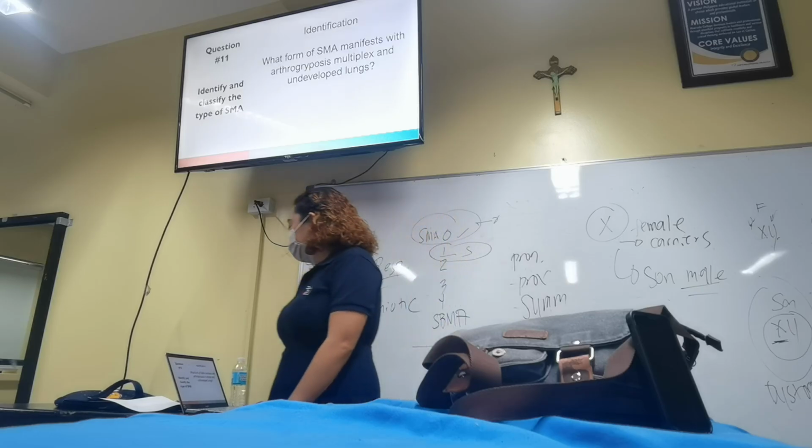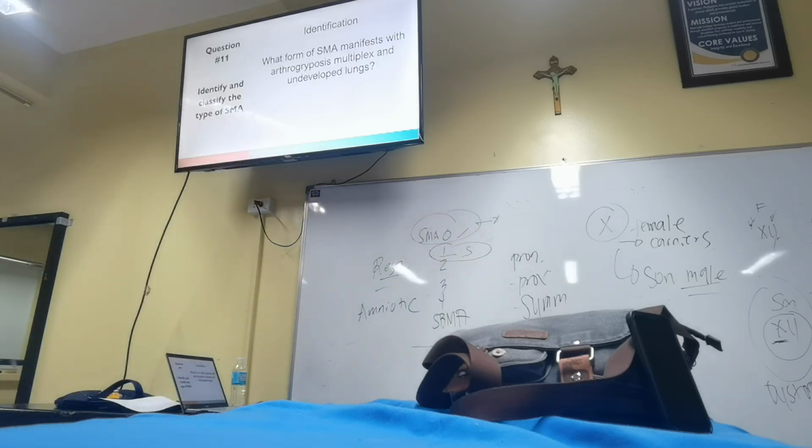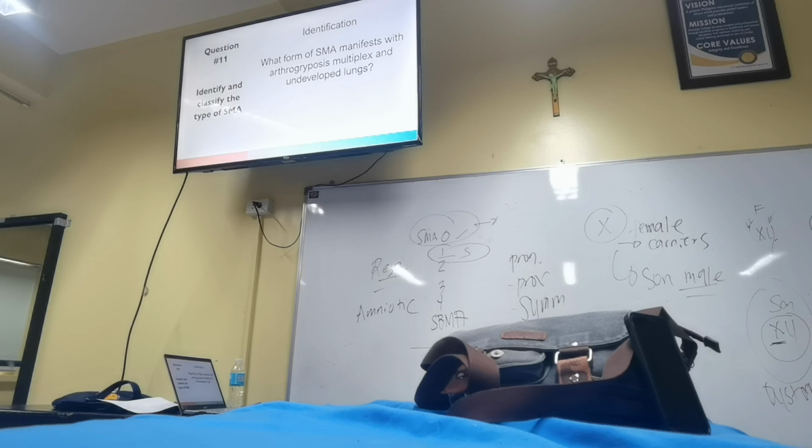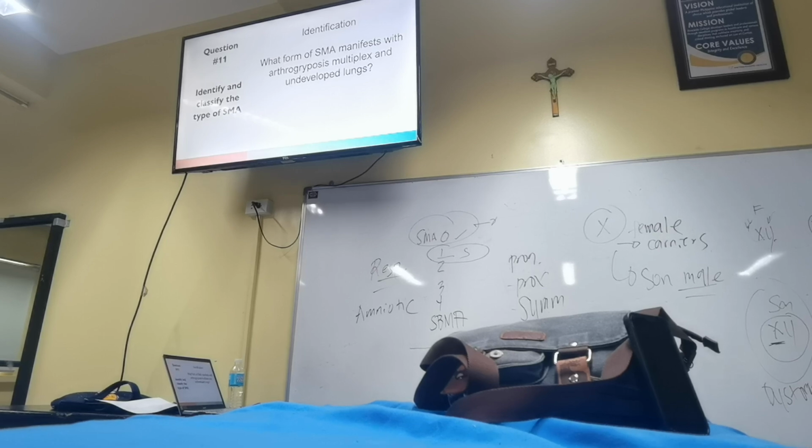Another one. So this time you have to write it. What form of SMA manifests with arthrogryposis multiplex and undeveloped lungs such as hypoplasia of the lungs?